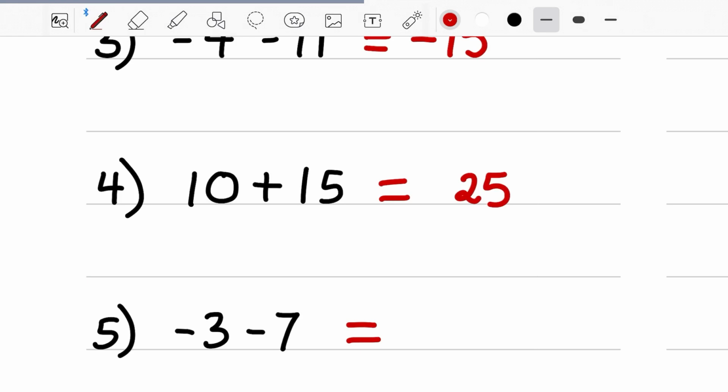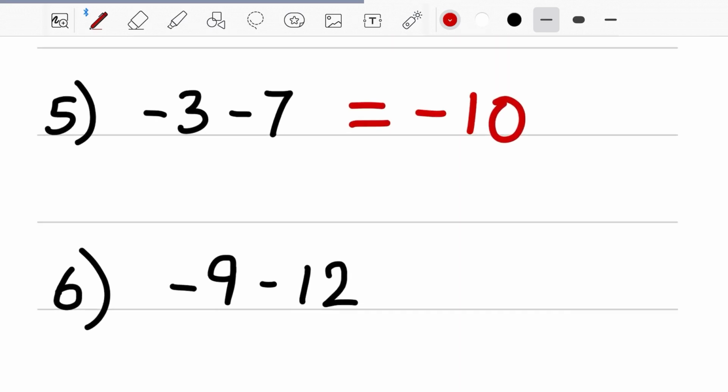For these two numbers, your signs are both negative. So again, since they're the same, we still need to add. 7 plus 3 is 10. However, since these numbers are both negative, your answer will be negative. So minus 3 minus 7 will be minus 10 or negative 10.